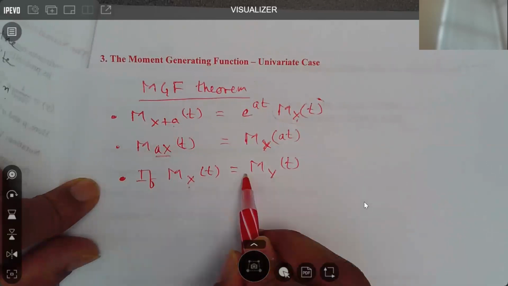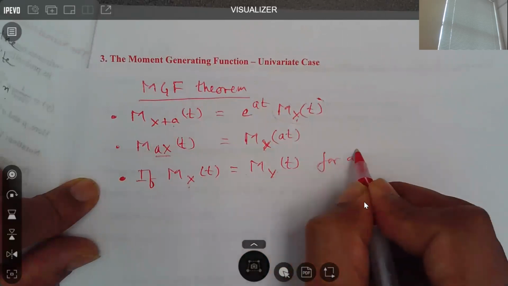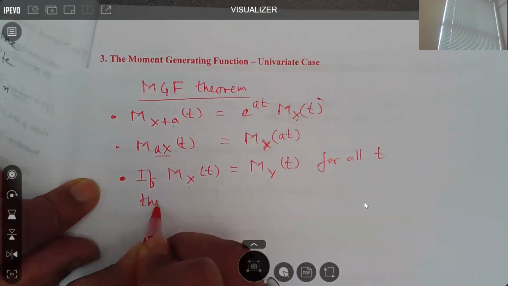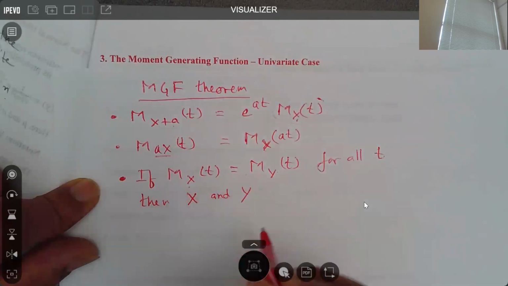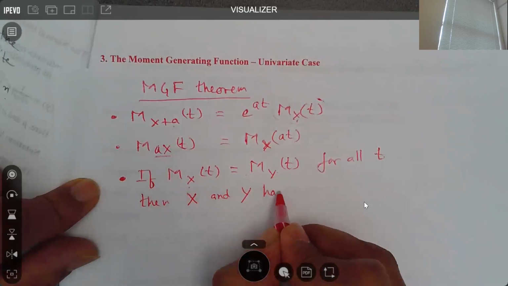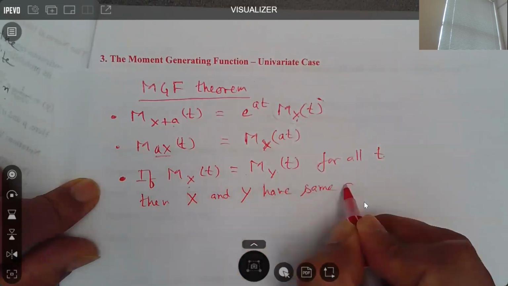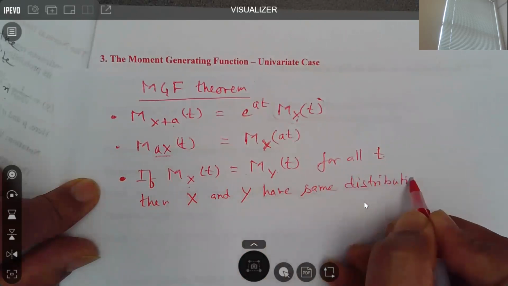If these two moment generating functions are equal for all t, then X and Y have the same distribution.